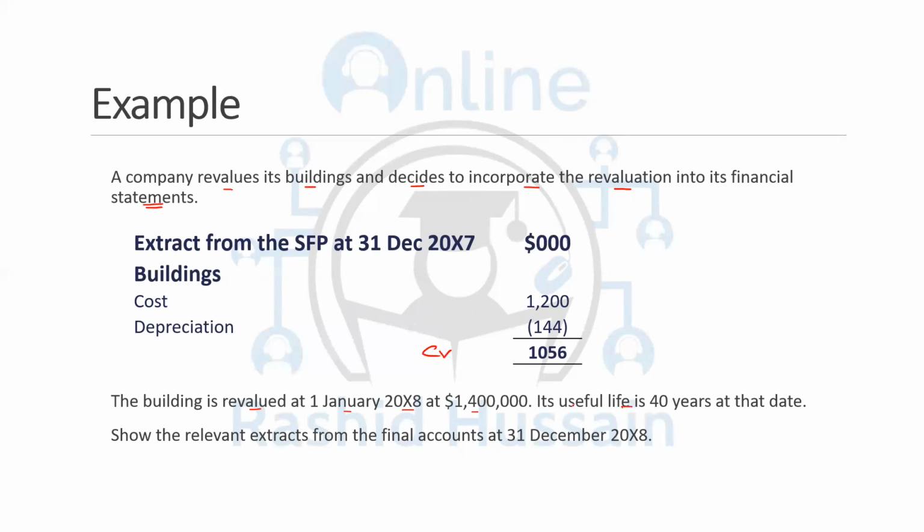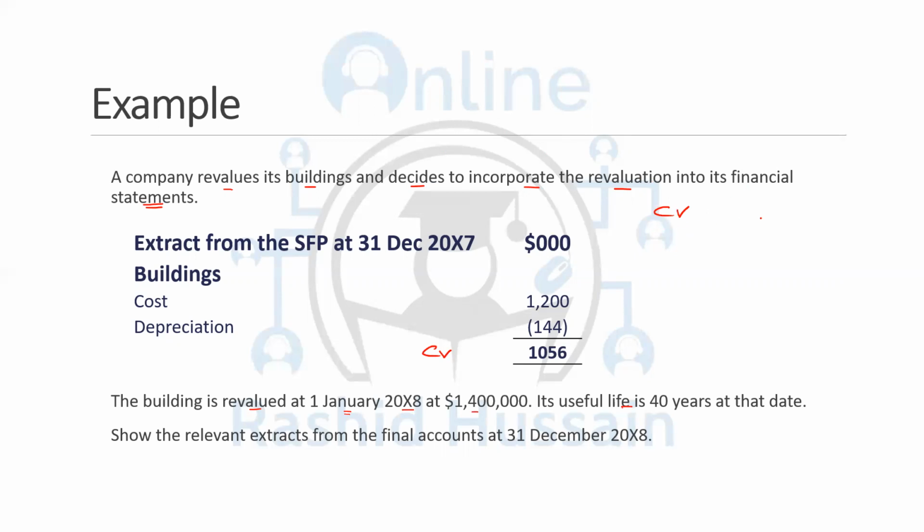Show the relevant extracts. Now we have the figure on 31st December and they are going to revalue it at 1st January. That means exactly the same day, because it's a 1 day difference and we do not account for a 1 day difference. So exactly at the start of the year, they are revaluing the asset. We take the carrying value on the revaluation date, which remains the same. We do not charge depreciation for 1 year.